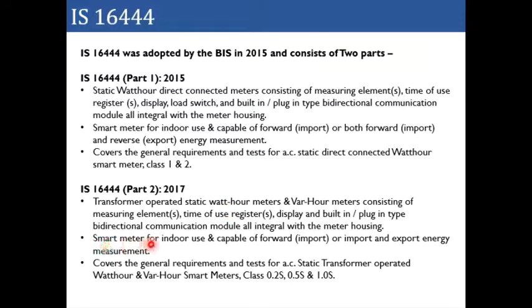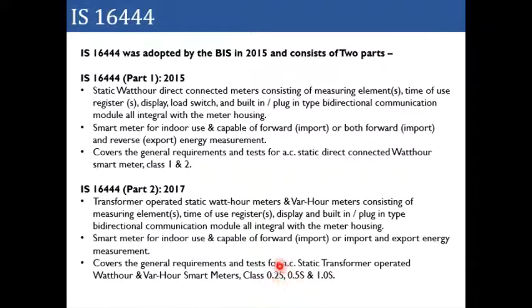These smart meters are again for indoor use and capable of forward, that means import, or reverse as well as forward, that means import as well as export of energy measurement. It covers the general requirements and tests for AC static transformer operated watt hour and var hour meters having accuracy class of 0.2S, 0.5S and 1S.